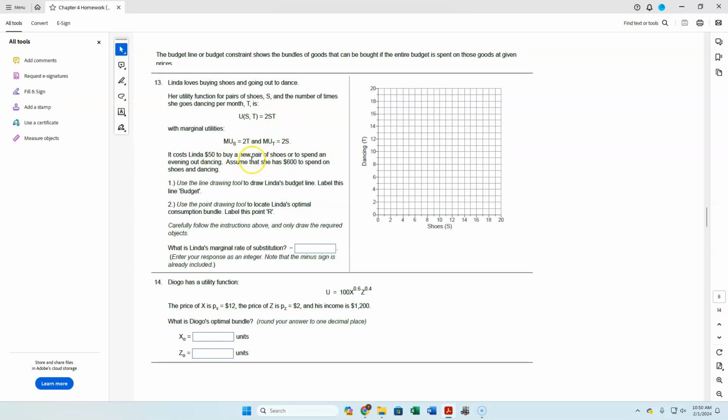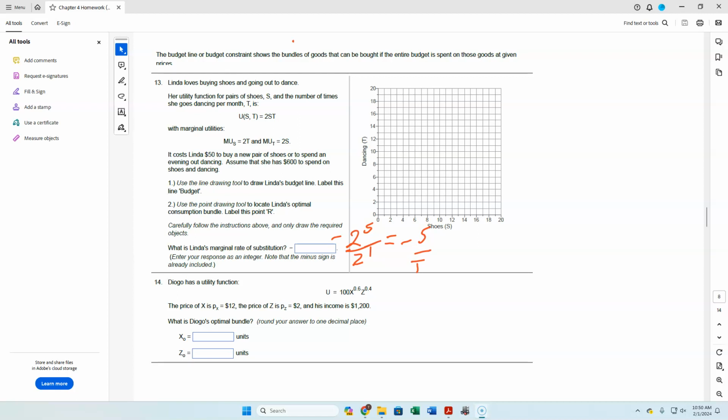It costs $50 for a new pair of shoes or to go out dancing, and they have $600 to spend. So what is the marginal rate of substitution? You don't even need to do any math, well, I guess you do need to do some math, but it'd be pretty quick. 2S over 2T, negative, which would just be negative S over T, which means it's just a 1-to-1 ratio.